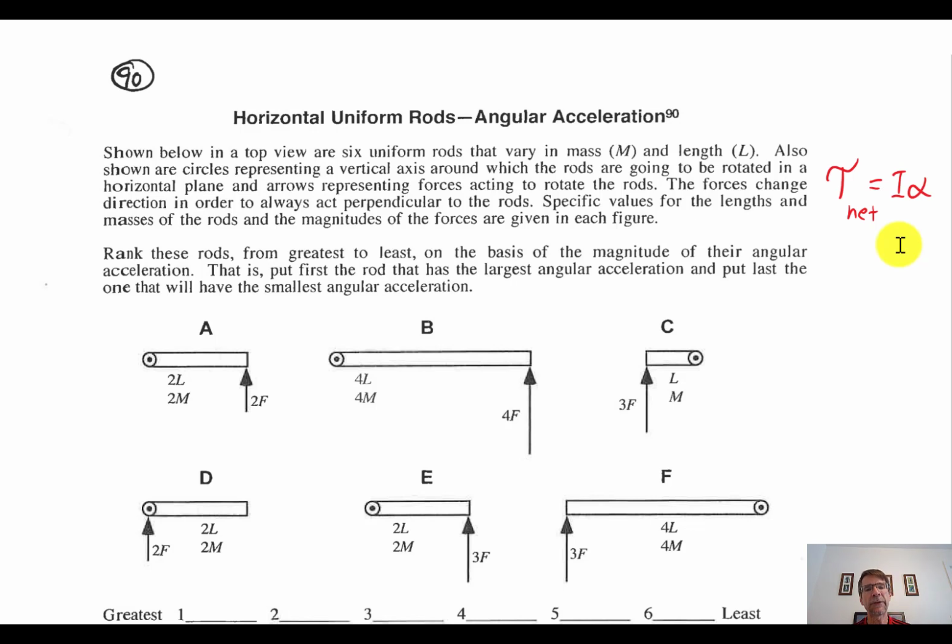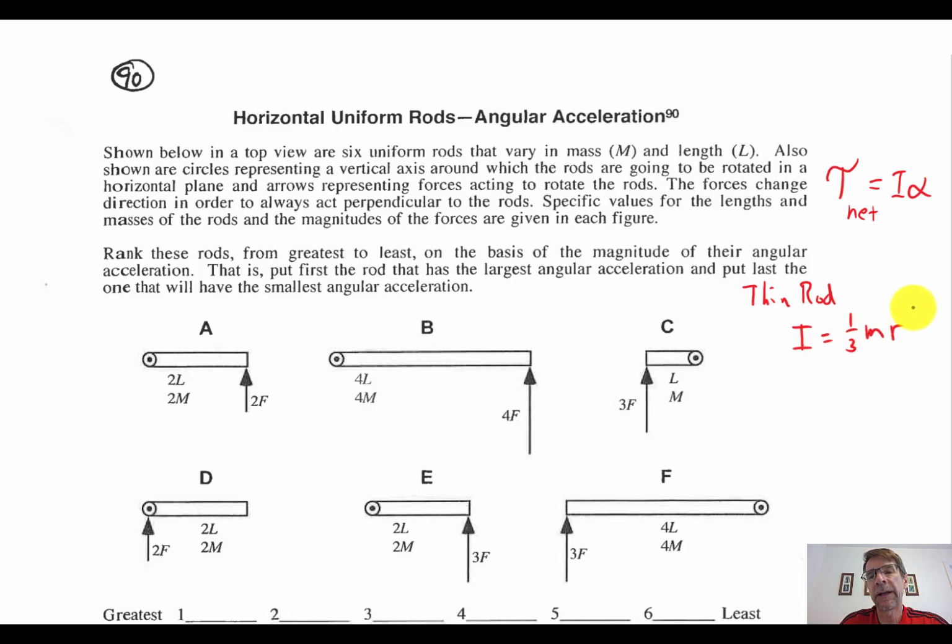But here we have a thin rod that's uniform mass and has a varying length in this case. If you look this up in those tables in Unit 10 or online, for a thin rod, the moment of inertia about its end point, the value for I is 1/3 mr squared.